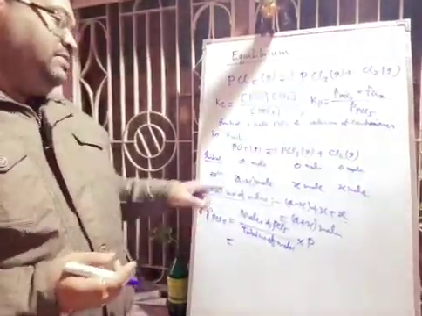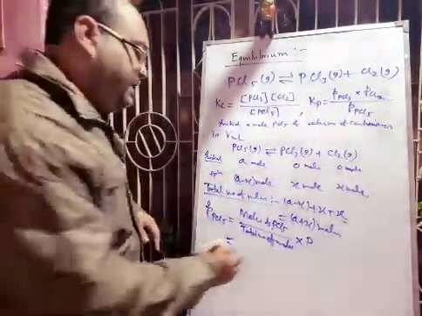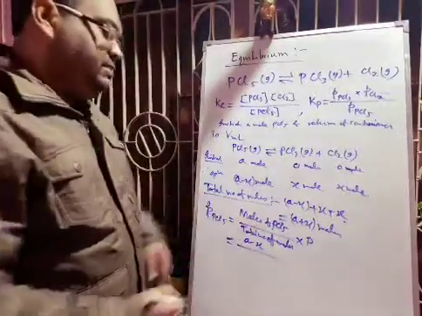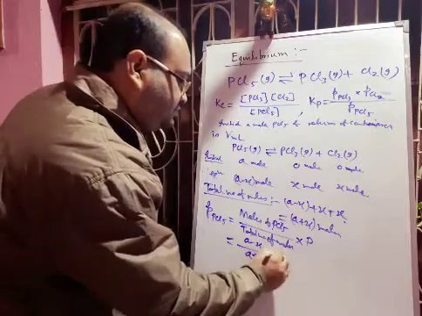Here we have calculated that PCl5 is A minus x. Total number of moles, as I have discussed, is A plus x, into P.